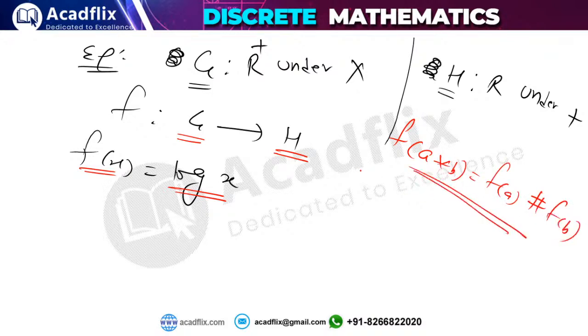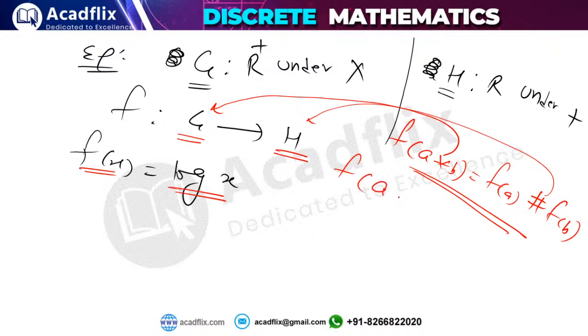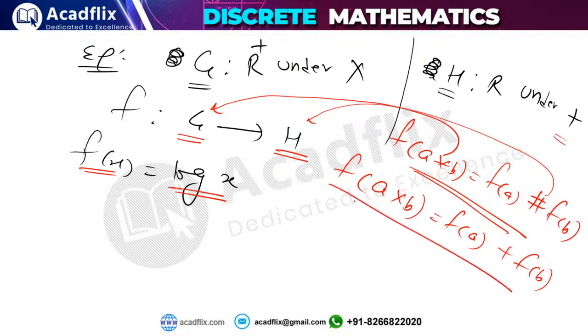Let's check it. What is f of a star b? Remember, this star is the operation of G and this hash is the operation of H. So a star b is nothing but a multiplied by b, and we need f of a plus f of b, because this hash is plus. So we need to check, is it true? What is f of a multiplied by b? Since f of x is equal to log x, this will be log of a into b.